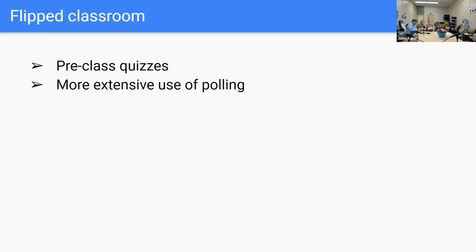One way of dealing with that is using polling much more extensively with more elaborate problems and higher level problems. Having students work in groups, and this has been used really extensively in STEM disciplines, where you give them problem sets, problem-based learning techniques, where you give them problems where they discover some of the basic applications or concepts through experimentation or working through problems.